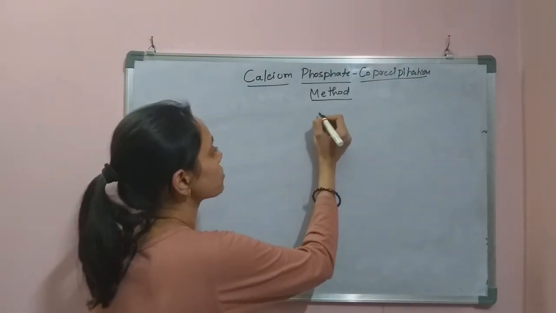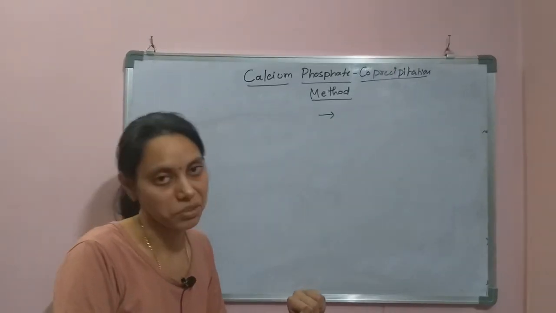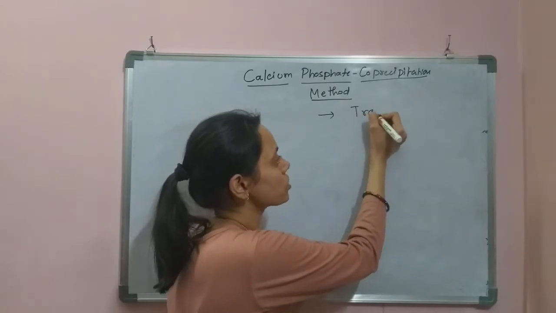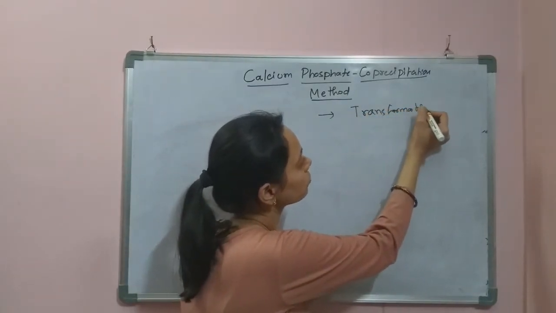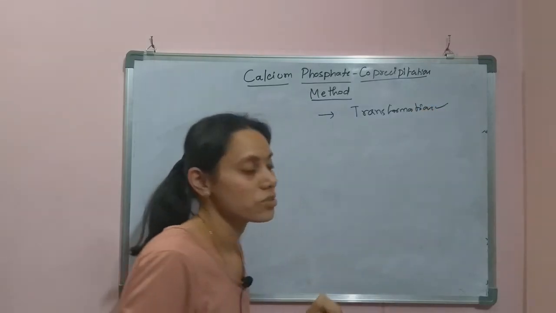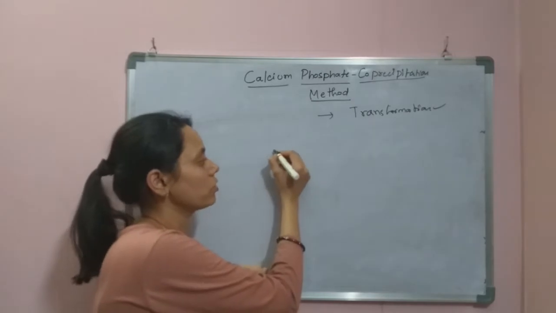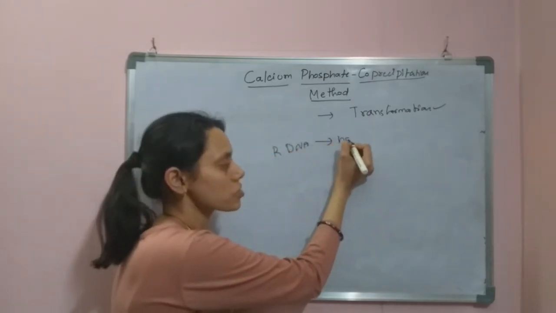So coming to the first point, what exactly is the calcium phosphate co-precipitation method? Basically it's a kind of transformation technique. These transformation techniques are meant for transferring the recombinant DNA into the host cells.